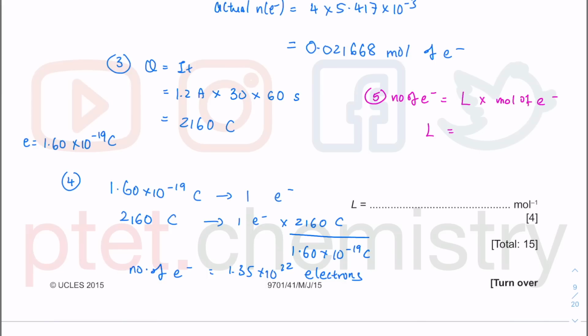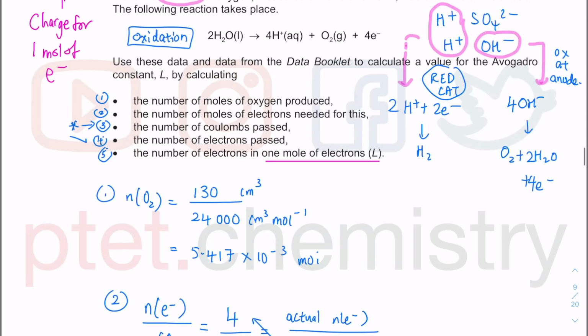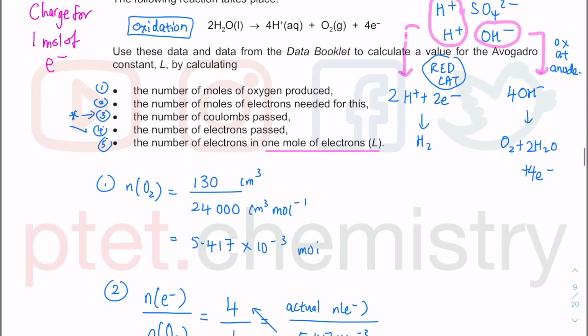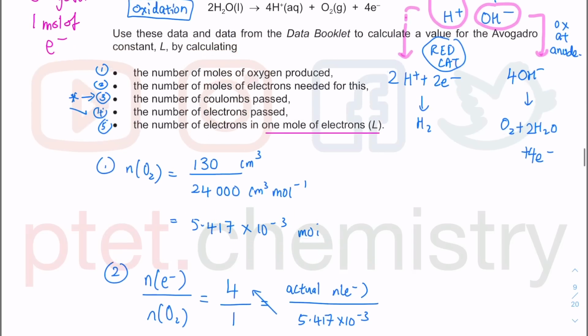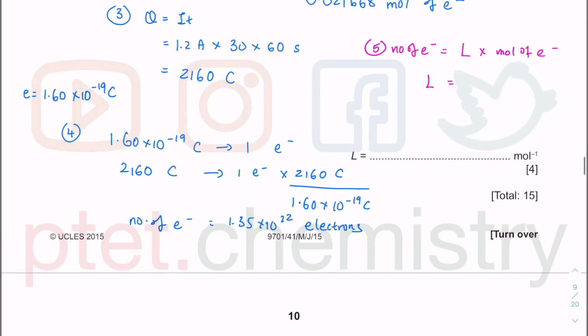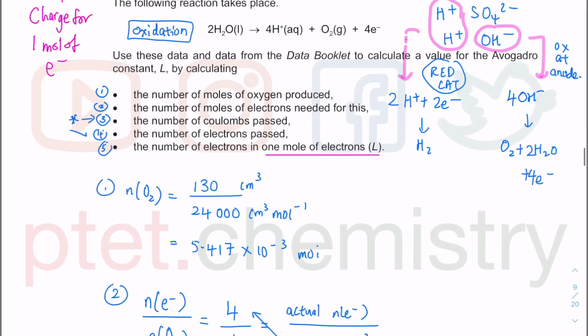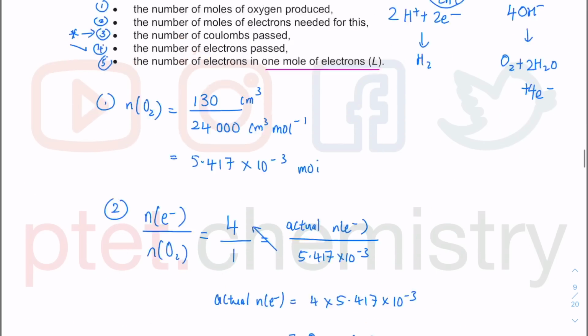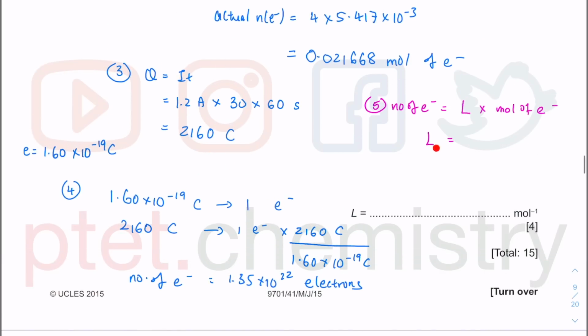Now, what do they want? They want the number of electrons in 1 mole, which is the Avogadro constant. So that is the number of electrons divided by the mole of electrons. That is the number of electrons, 1.35 times 10 to the 22, divided by the number of mole of electrons from the previous bit of the question.